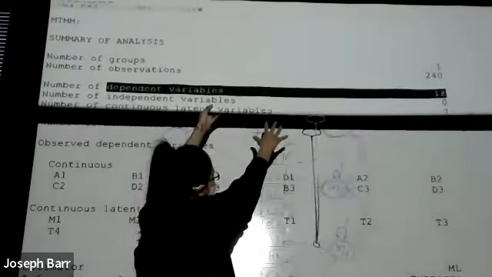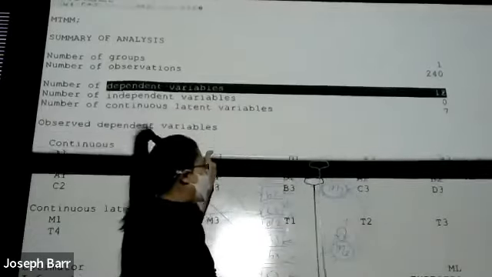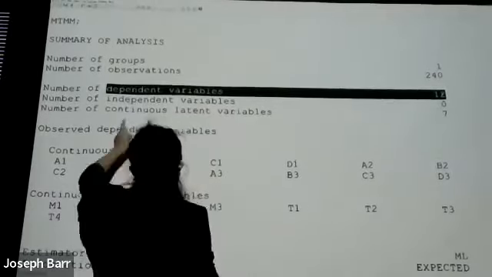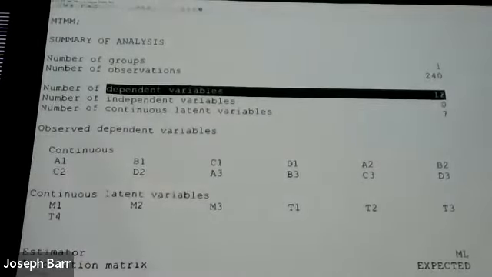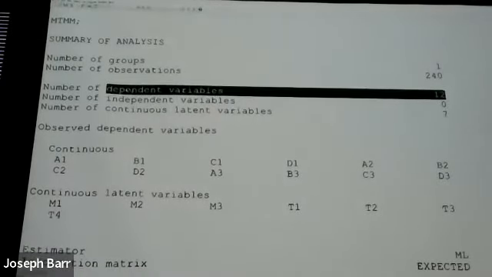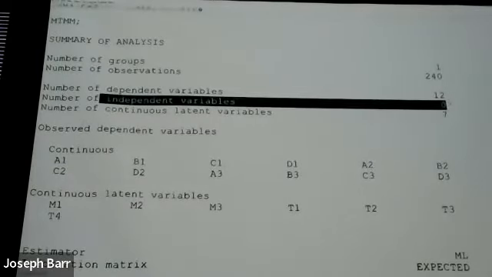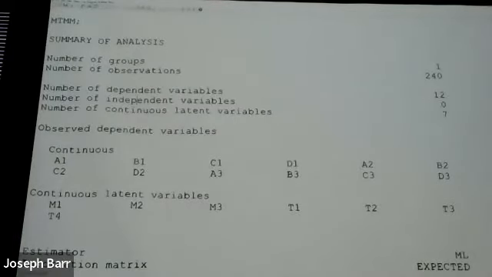All of these 12, 3 by 4, are dependent variables, or just indicator variables. And then we have number of independent variables, 0. We don't have an ON statement, so independent variables, 0.